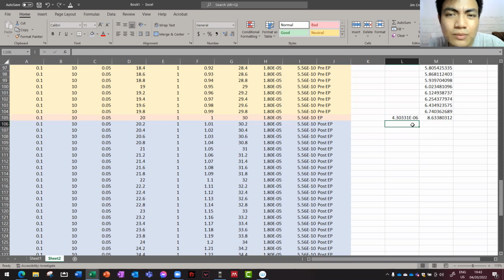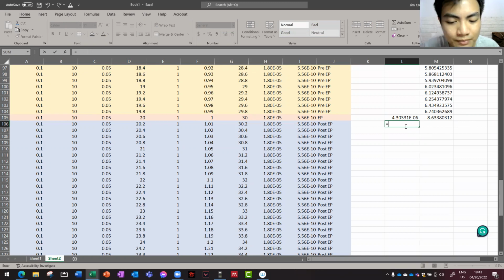And now at the post-equivalence point, what's the equation again? It's the same as strong acid, strong base. So the OH is MTVT minus MAVA over V total, right? So it's the same as strong base, strong acid. So MTVT minus MAVA divided by the V total. Okay.